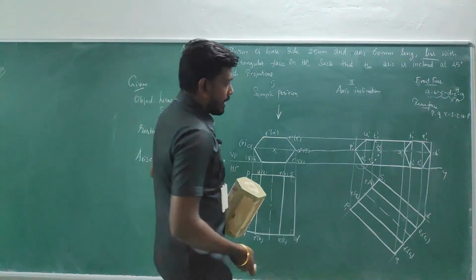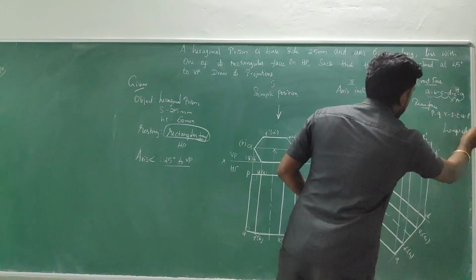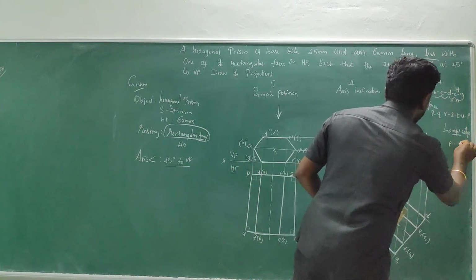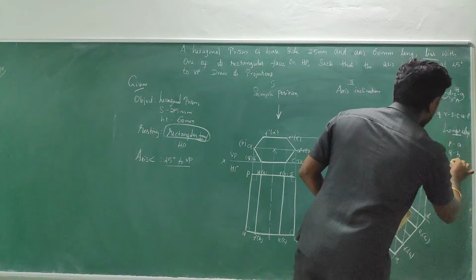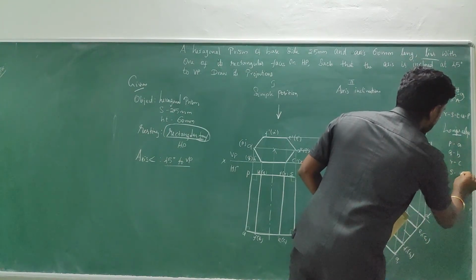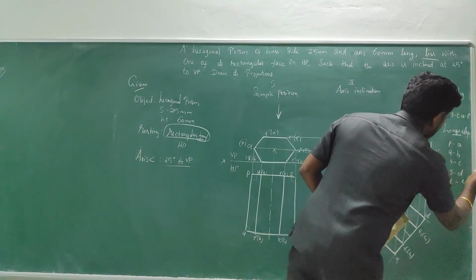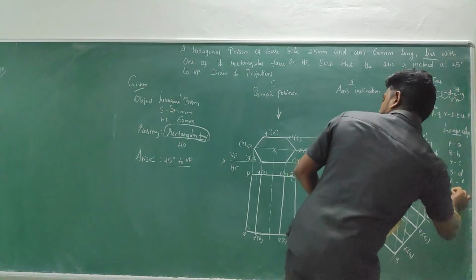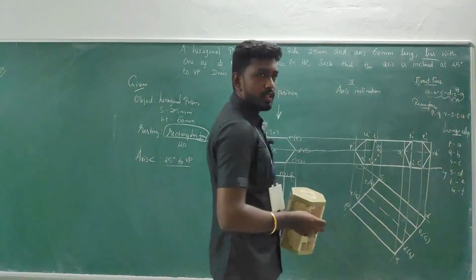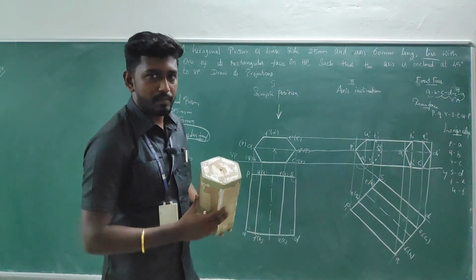Okay, and as far as the longer edges are concerned, it is a connection between P to A, Q to B, R to C, S to D, T to E, and U to F. These are the longer edges. We have 6 longer edges in the hexagonal prism.